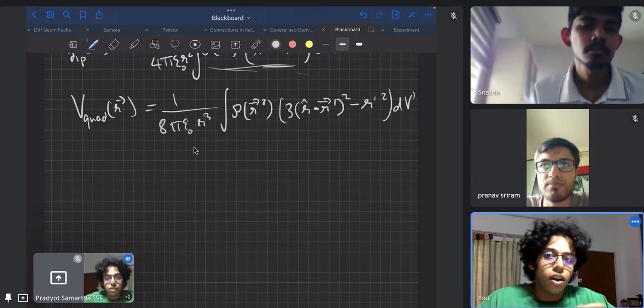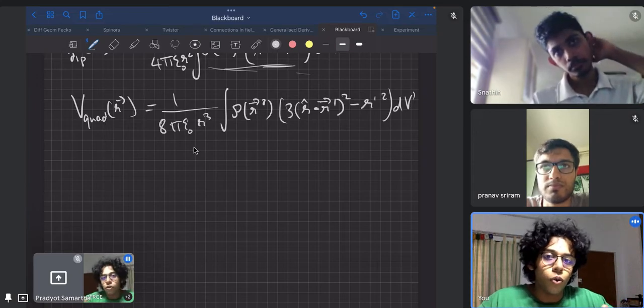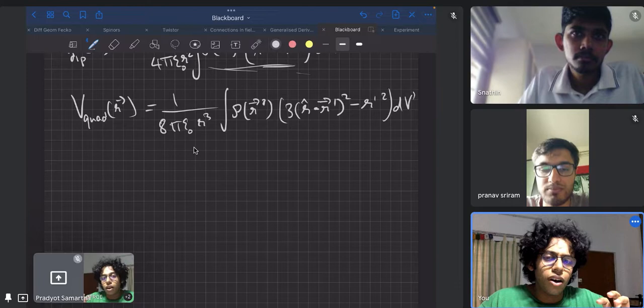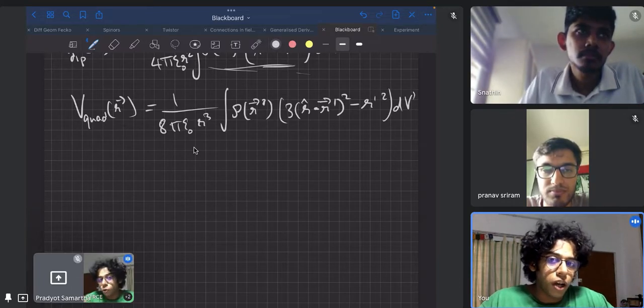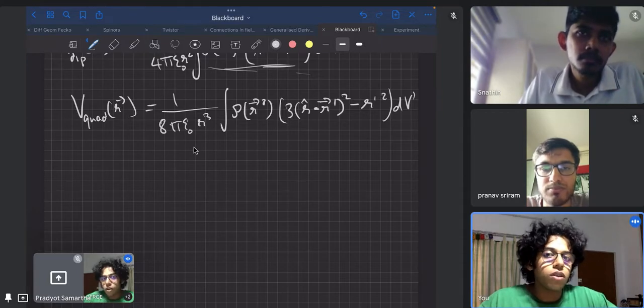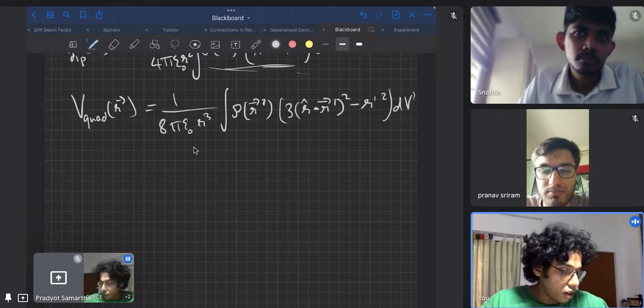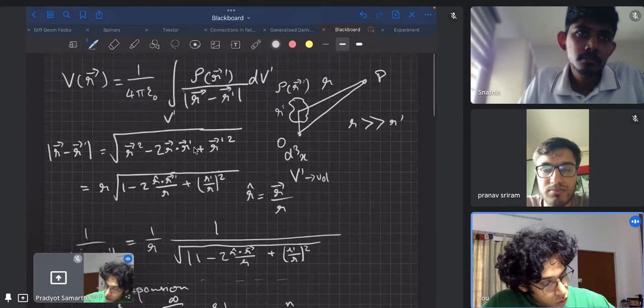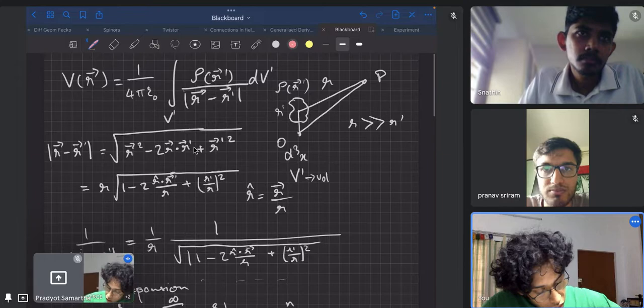So this understanding, figuring out where the multipole expansion comes from. What we have done is we have basically done multipole expansion. Let me just write it down in the title.